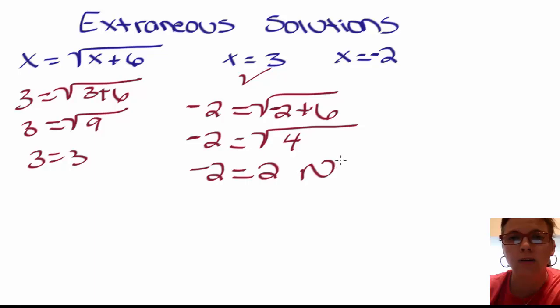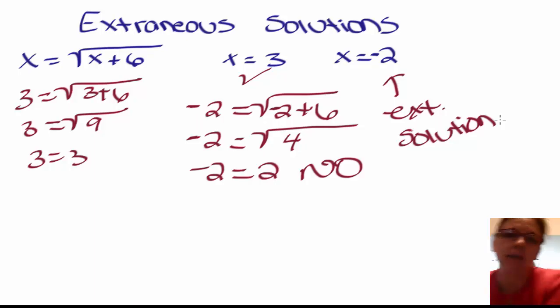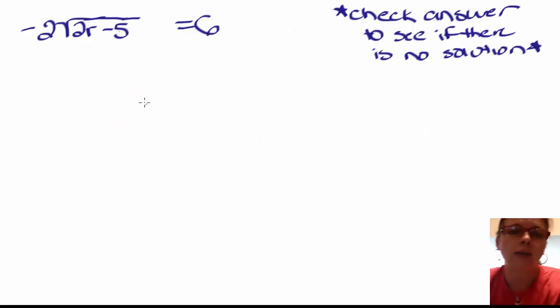So this is no. Negative 2 is your extraneous solution because it doesn't actually solve it. So that would not end up being a solution. Which makes sense because you can't have a radical equal a negative.